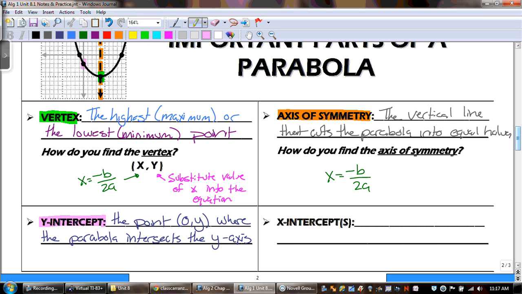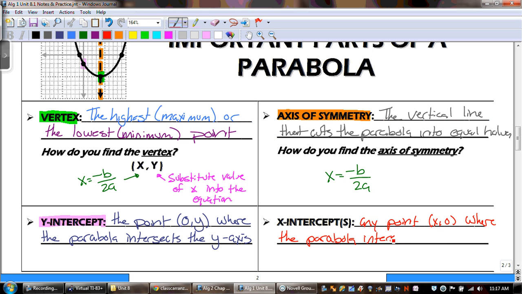And the x-intercept would be any point or points x, comma 0, where the parabola intersects the x-axis.